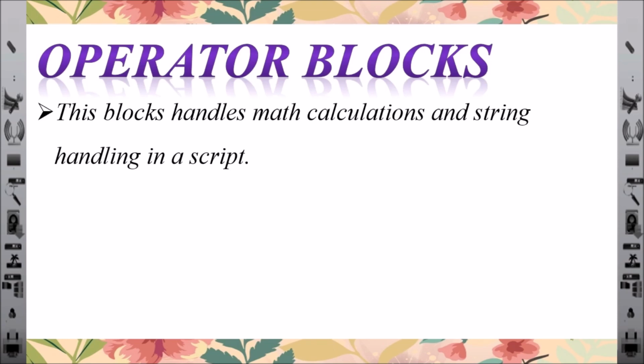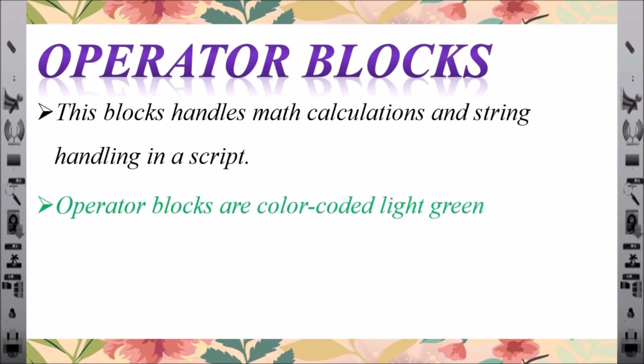That is the operators blocks category. The operators blocks are color coded light green. We already discussed that blocks come in many colors and many shapes. These operators blocks are mentioned with the color code light green.